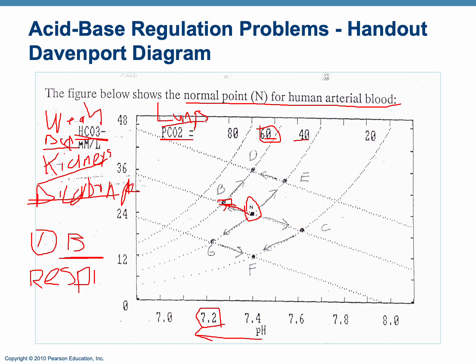So respiratory acidosis. So that's letter B. That's where we're at right here.